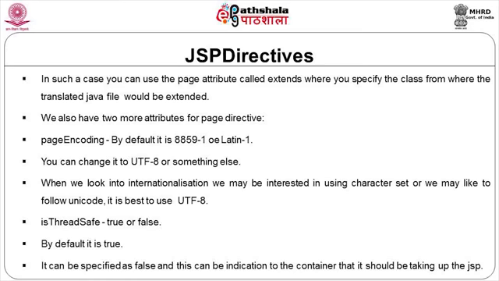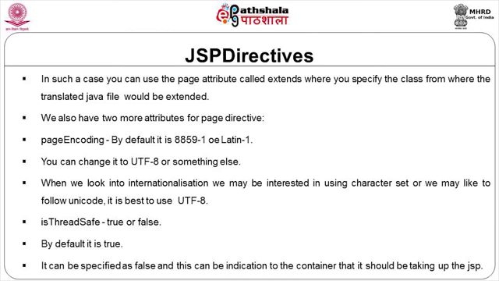Okay. Another attribute here is isThreadSafe. IsThreadSafe has the value true or false, and normally isThreadSafe would be true. You can make it false, as an indication to the container that the JSP should be considered as not being thread safe.